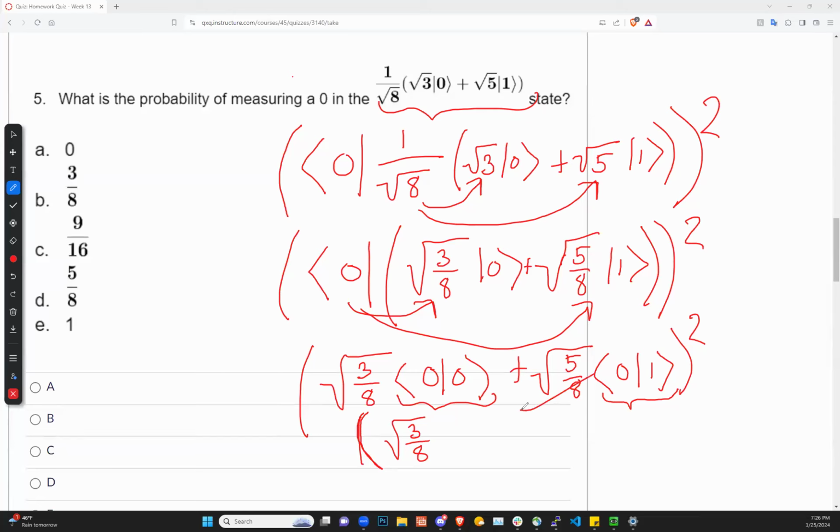So this term actually goes away because when we multiply something by 0, it's 0. And so all we are left with in the end is the square root of 3/8 squared, which is 3/8. So the probability of measuring the 0 state, if we had this monstrous state up here, is 3/8. So the correct answer is B.